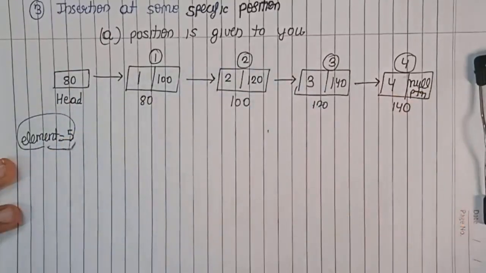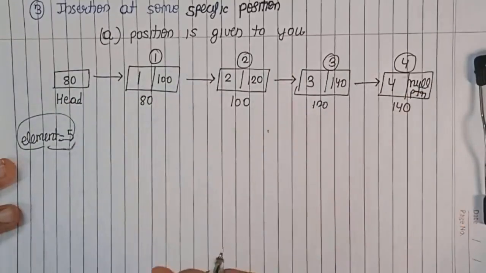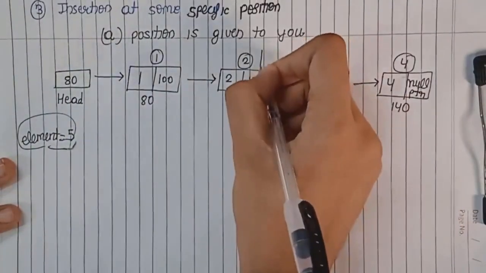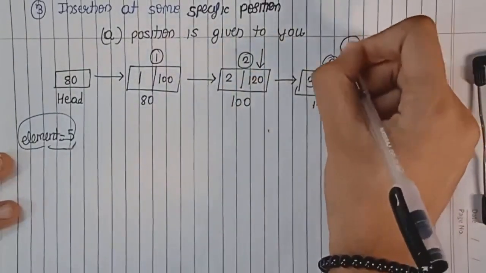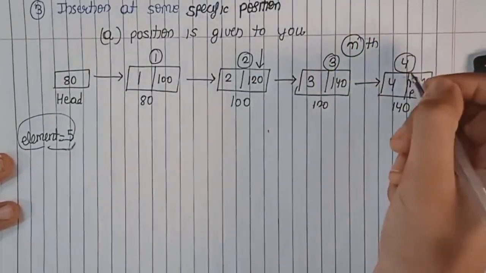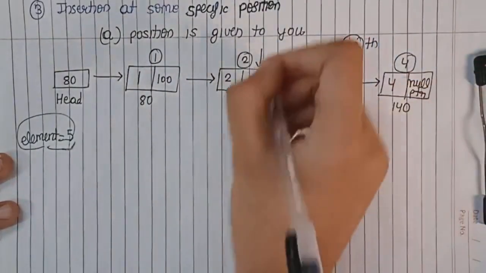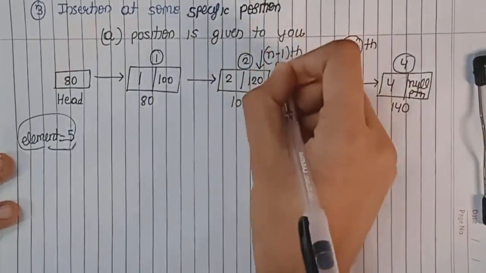So your first step to insert this element at index 3 will be to reach this node. That is, if you want to insert the element at nth position, then you need to reach the n-1th position in the linked list.